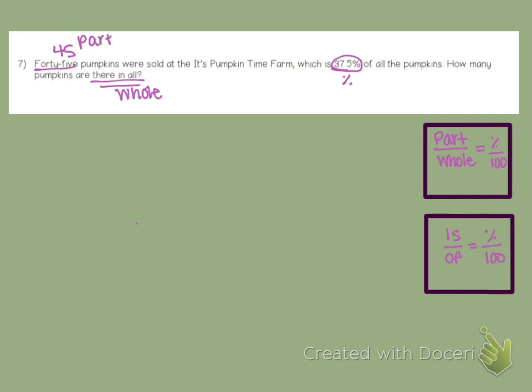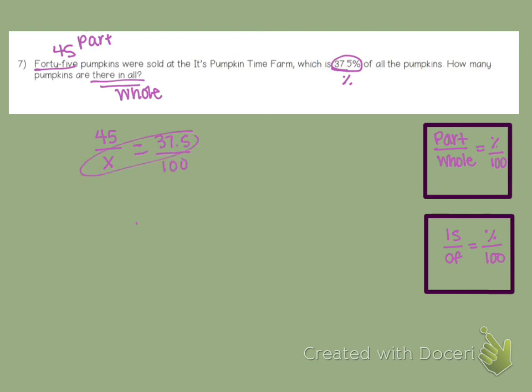Okay, so let's set this up. There is 45 as your part, X as your whole, and percent over 100. I'm sorry, the percent over 100, which is 37.5% over 100.